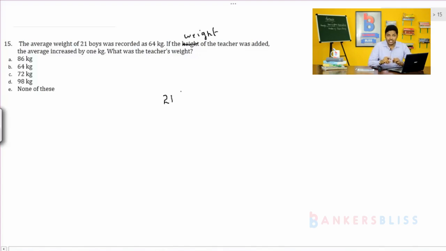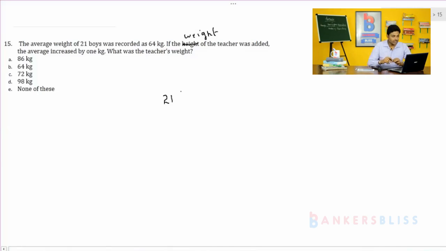This 21 kgs has to be given by the teacher, because after the teacher enters the group, the average weight is increasing by 1 kg. So for every boy the teacher is giving 1 kg. So for 21 boys, 21 kg the teacher has to give.